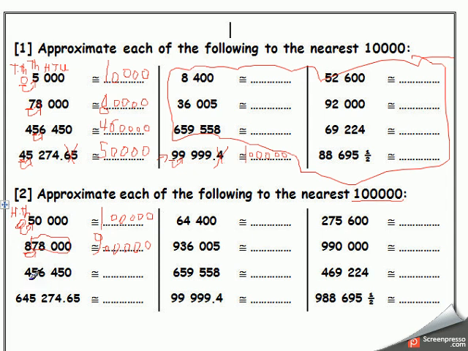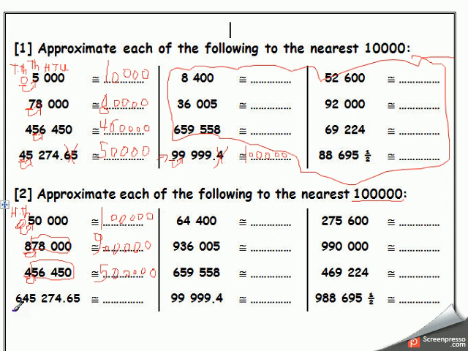Here the 100,000 digit is 4, the previous is 5. The next step, I replace all of the previous digits by zeros. How many digits? 5. 1, 2, 3, 4, 5 zeros. I will increase the 4 by 1, so it becomes 5.